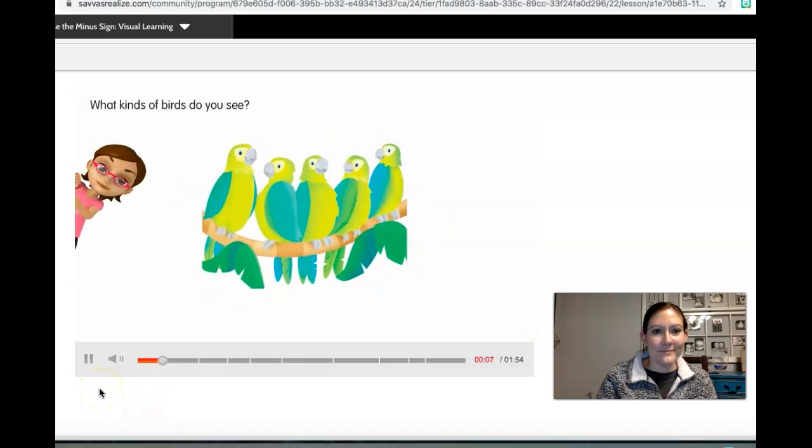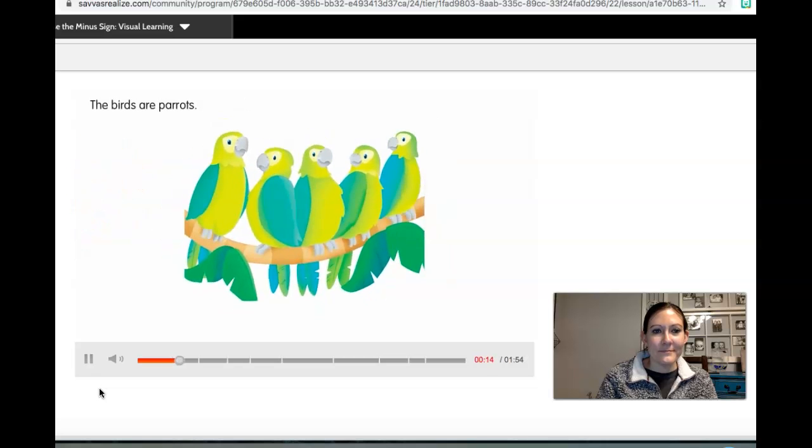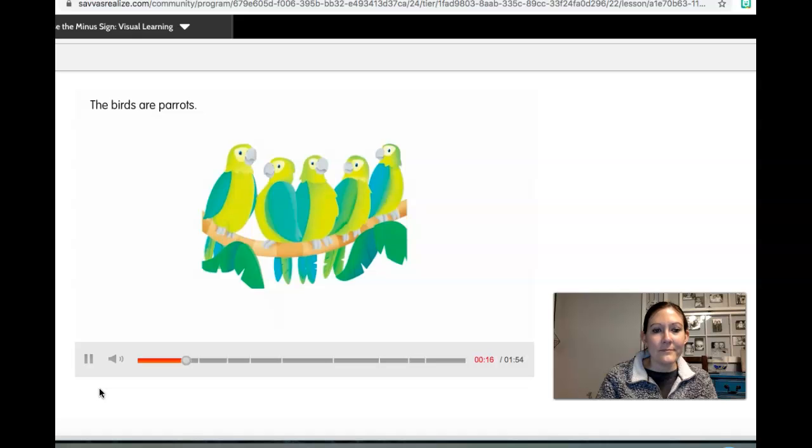What kinds of birds do you see? Look at the birds. The birds are parrots. How many parrots are there in all? Remember, in all means the whole group. Count all of them.